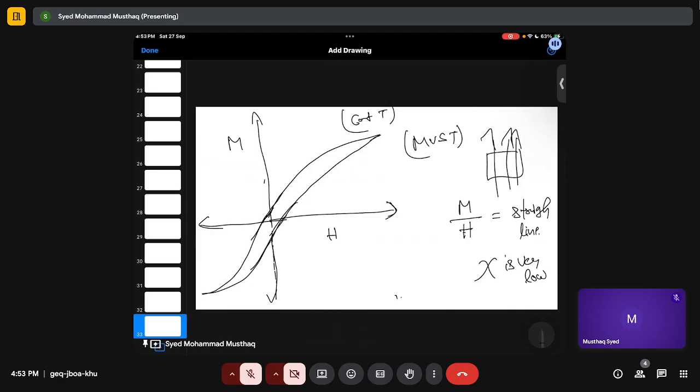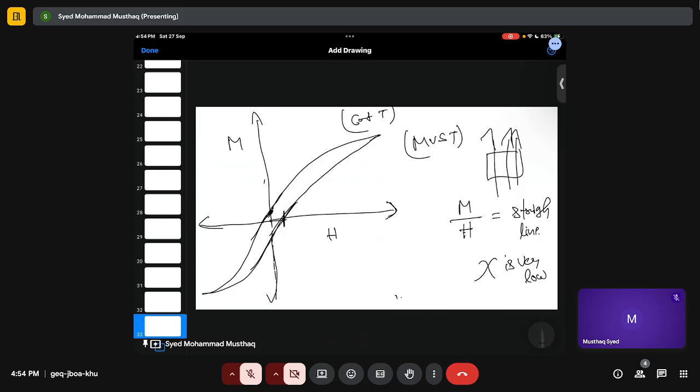Soft magnetic materials are nothing but materials where it is easy to change their magnetization direction. This is a soft magnetic material because all I have to do is apply only this amount of energy, this amount of magnetic field. If I try to increase my magnetic field, this is my magnetization.